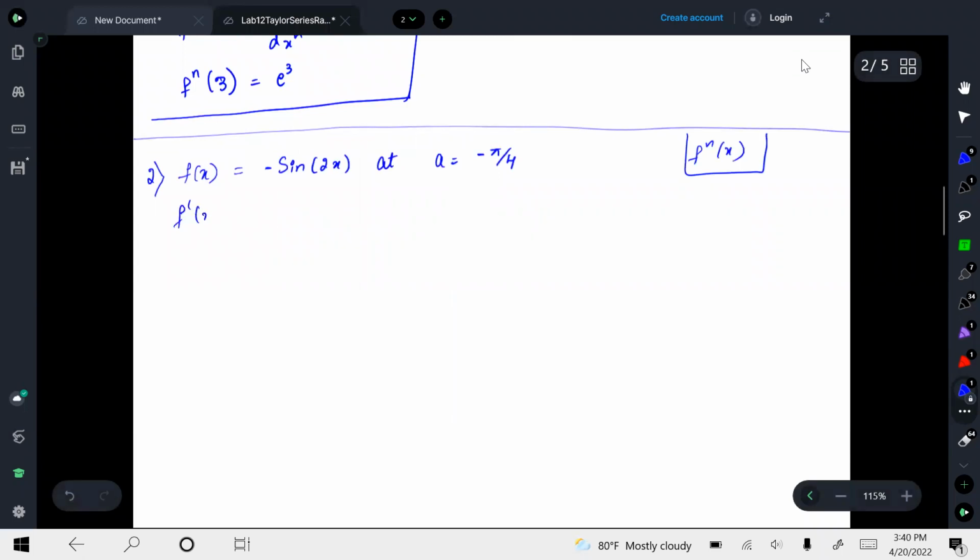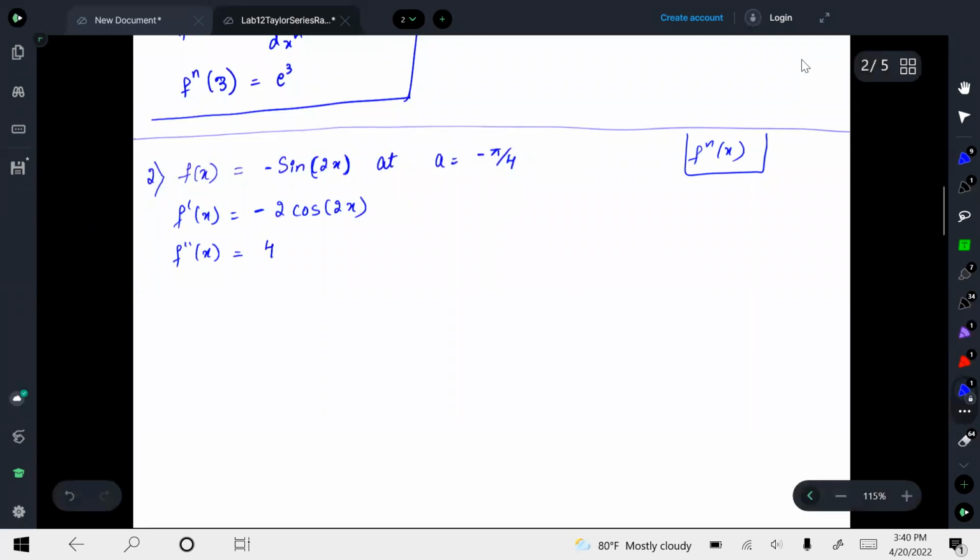So f prime of x is nothing but negative 2 cos of 2x, right? The derivative of sine of 2x is cos 2x, but you also have to apply the chain rule because you have 2x inside the sine function. So that will give us 2. Then what is f double prime of x?